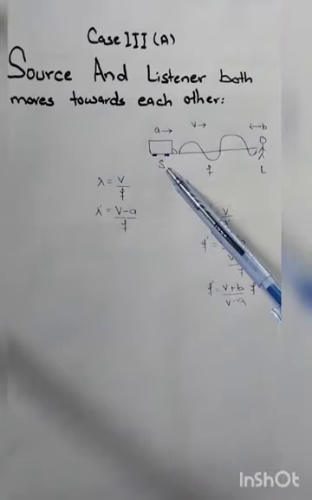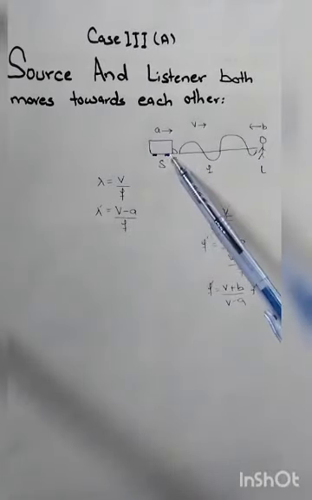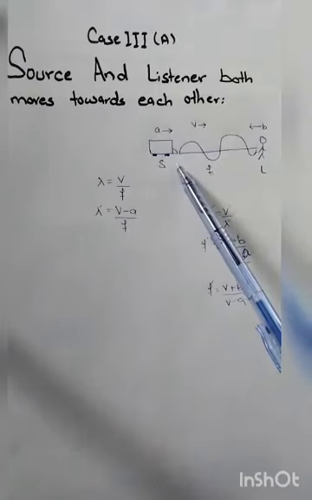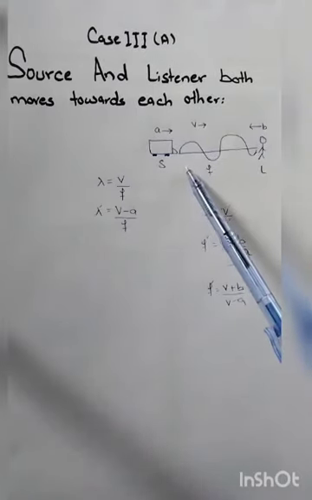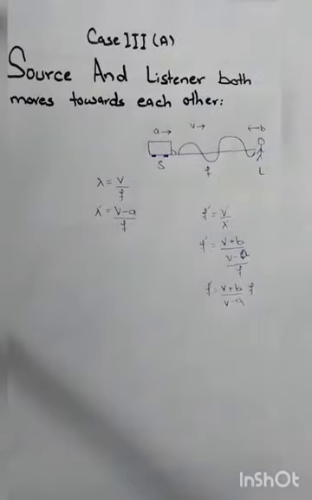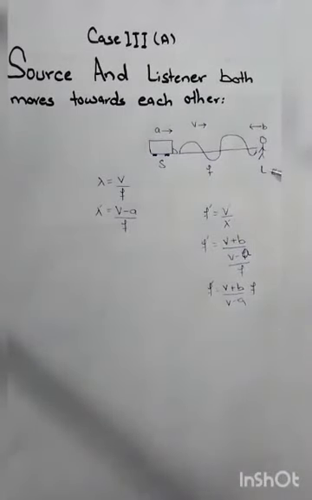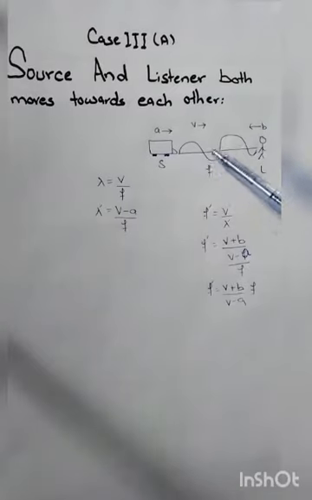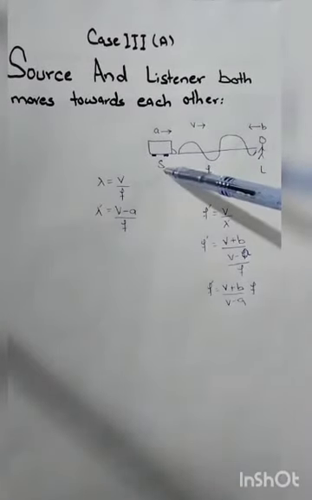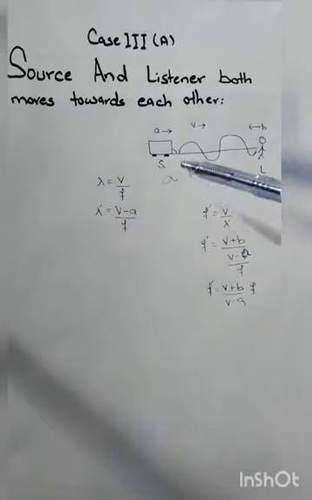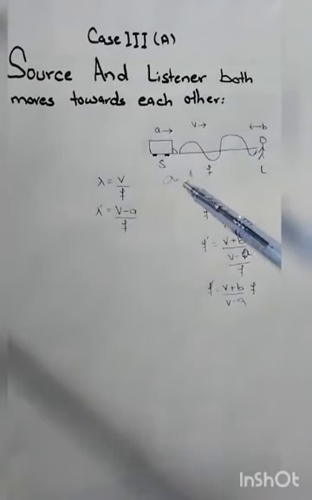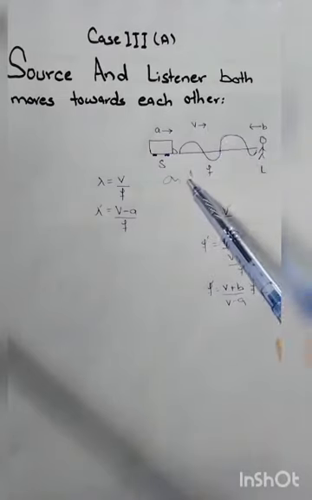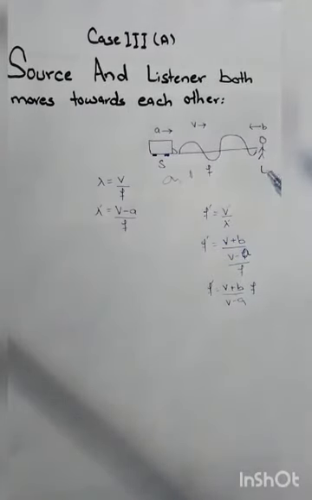Let's say the sounding source S moves towards listener L with a certain speed A, and covers a certain distance A. Then the distance between the sounding source and listener is V minus A, where V is the distance when both are at rest. So the total distance, which was originally V, now becomes V minus A.